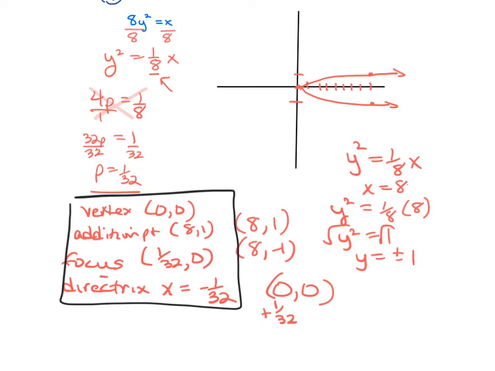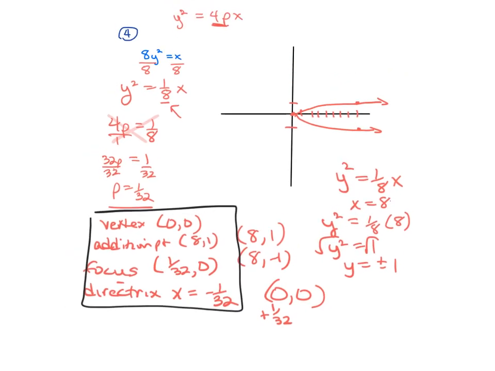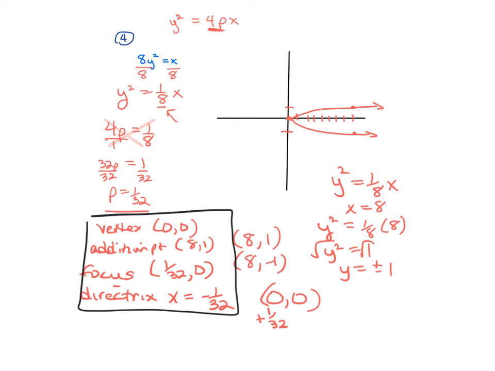All right, so in these 4 examples that I just did, all of the vertexes were located at (0, 0). Now we're going to look at some graphs where the vertex is not at (0, 0), not at the origin.